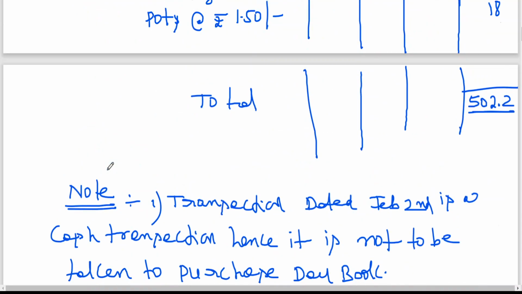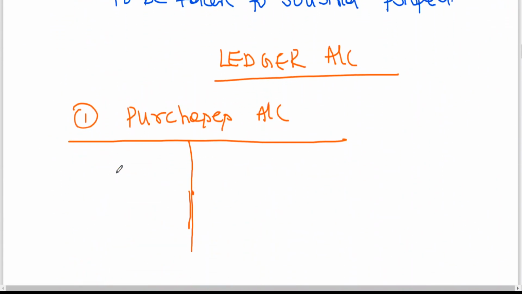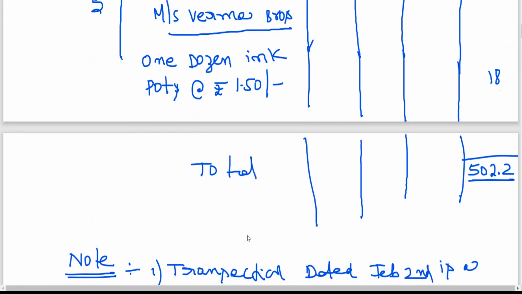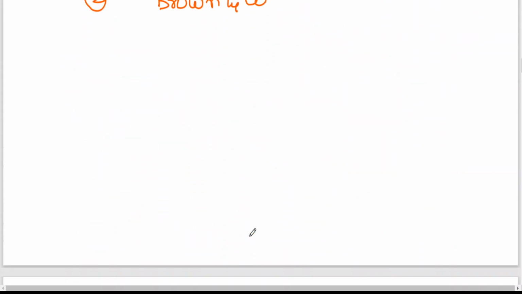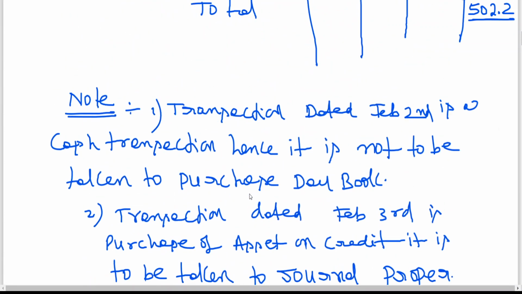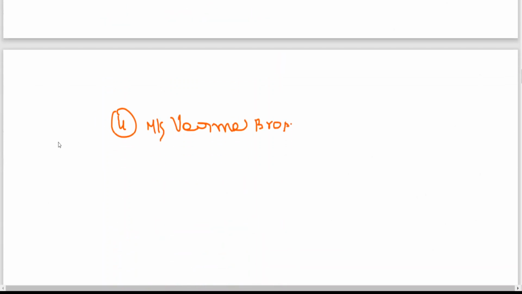Second, the names of the suppliers: Brown and Co, the Paper Co, Messrs Verma Brothers. Messrs is the plural form of Mr.